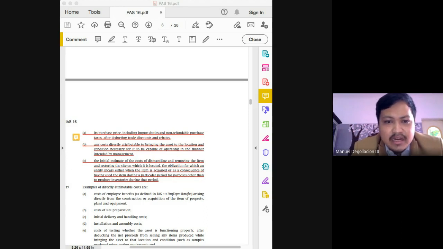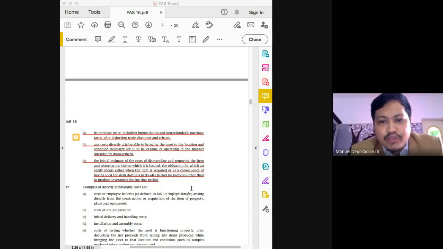Okay, so A and B should be familiar, class, okay? And you should have also encountered them in past two. What's new here is your letter C, the initial estimate of the costs of dismantling and removing the item and restoring the site on which it is located.